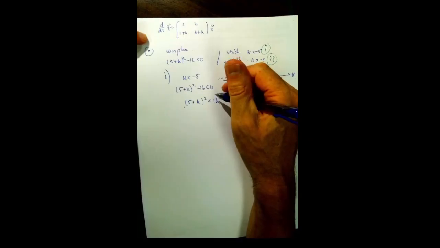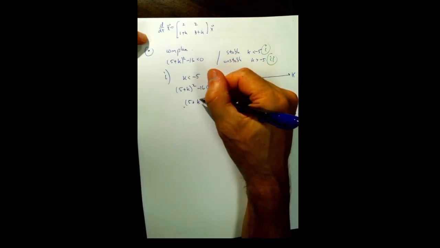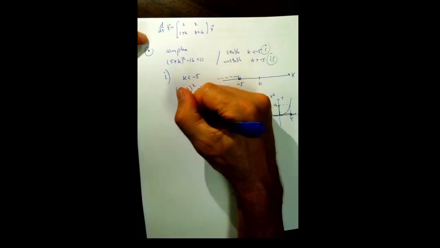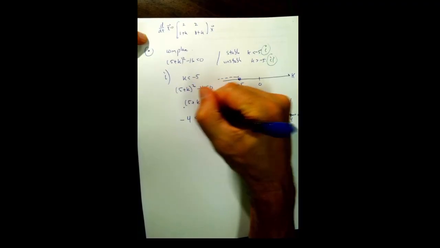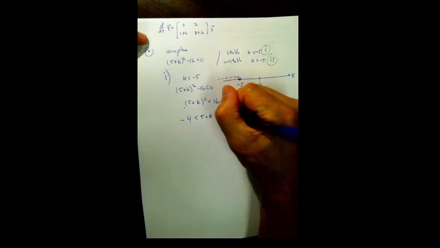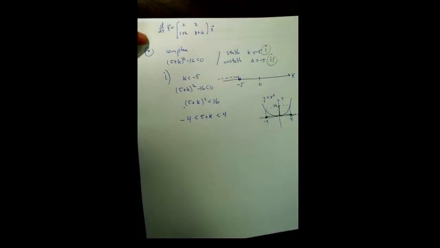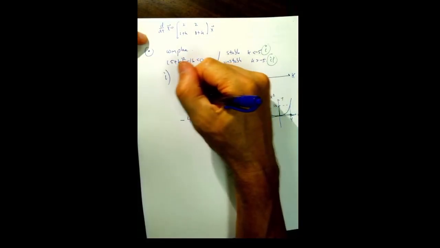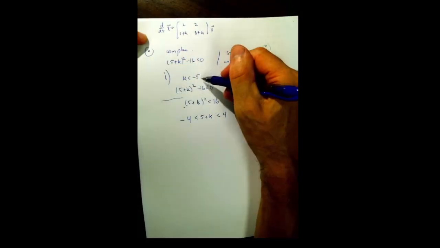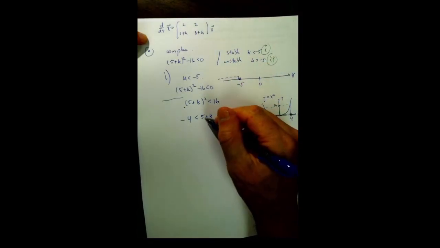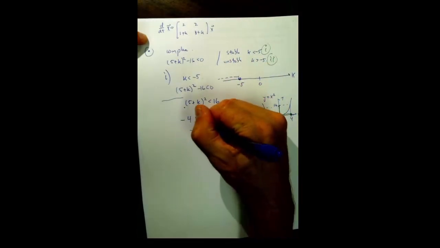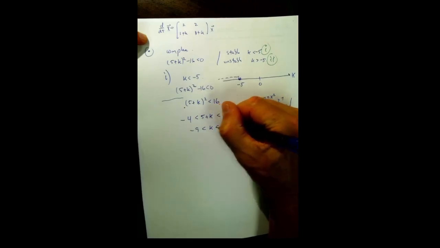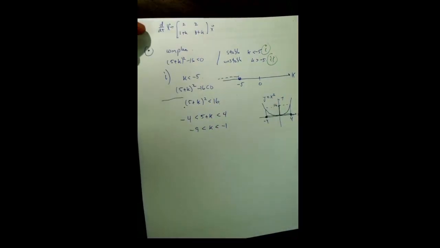So if I square root both sides, this thing quantity squared can be less than 16 if the thing inside is between plus or minus 4. By the way, this is true regardless of the k less than minus 5, so I'm going to reuse this later. So if I subtract 5 from both sides, I get minus 9 is less than k is less than minus 1.